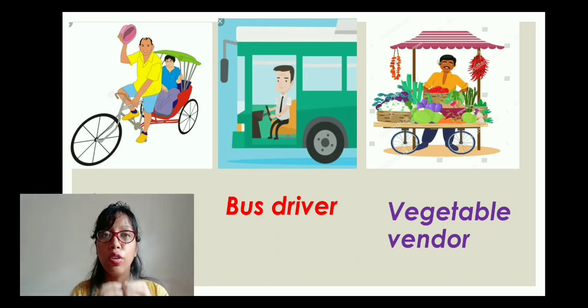Now, no single job is low or high. Every job has to be respected, because everyone is earning, everyone is doing hard work to feed their family, right? That is why we should respect every job.